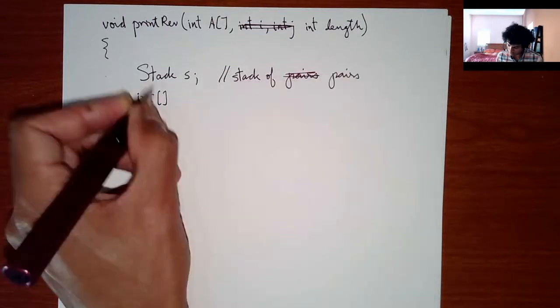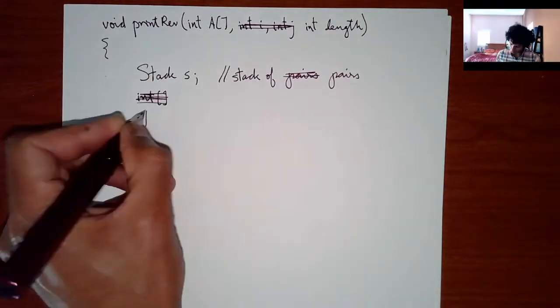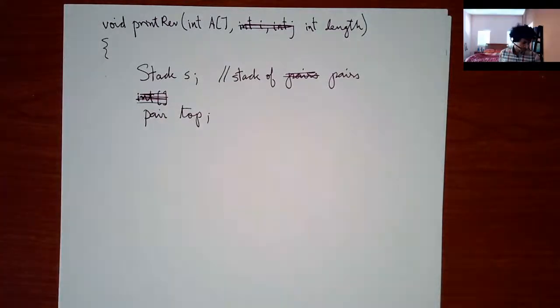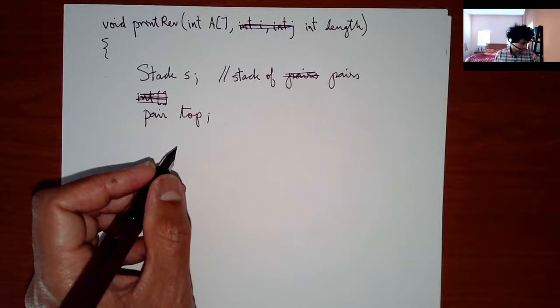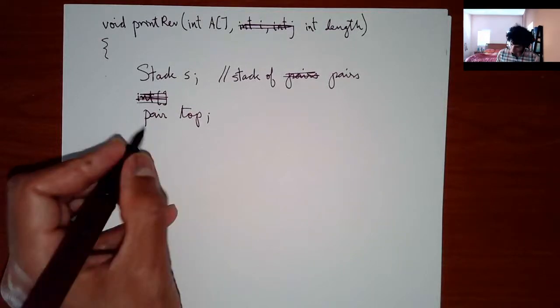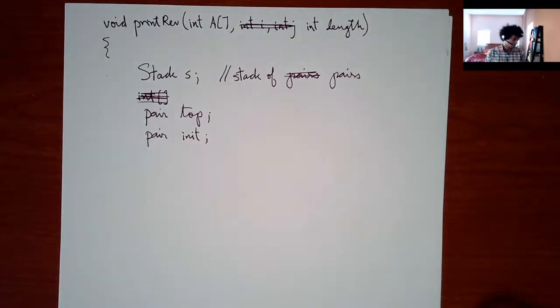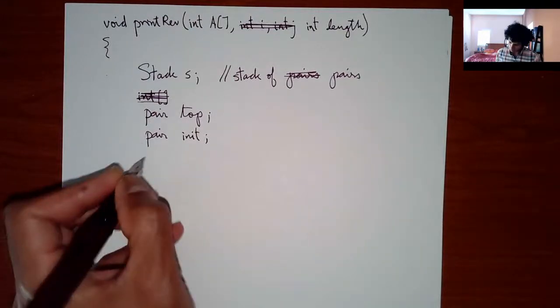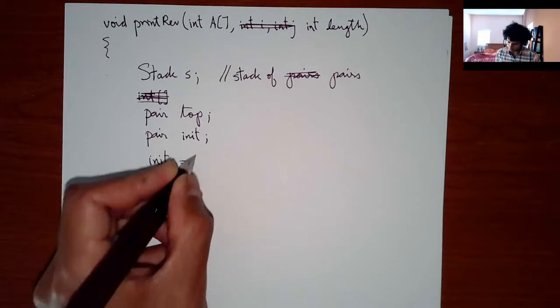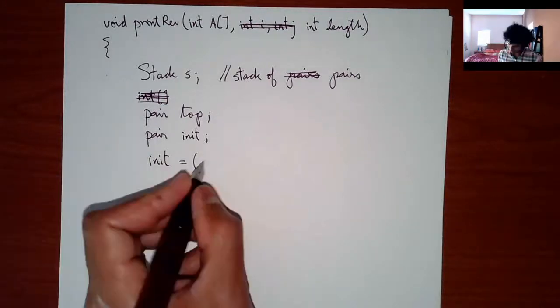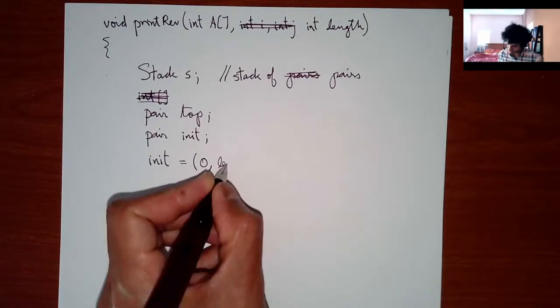I'm going to initialize a pair called top, and then an initial pair. Now I'm going to set init. I'm going to write this out almost in a Pythonish language: 0, length minus 1.